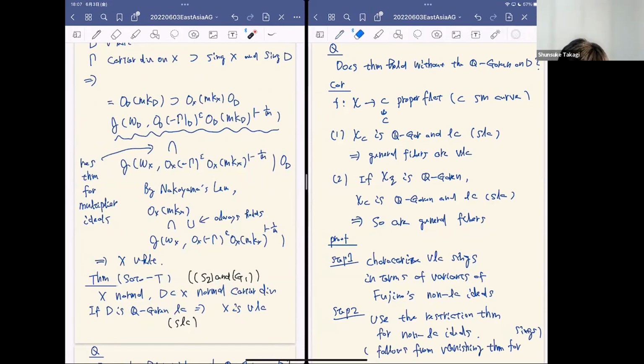In the KLT case, we use the restriction theorem for multiplier ideals, which follows from Kawamata-Viehweg vanishing. And in the log canonical case, our restriction theorem follows from the vanishing theorem for log canonical singularity, which is due to Ambro and Fujino.